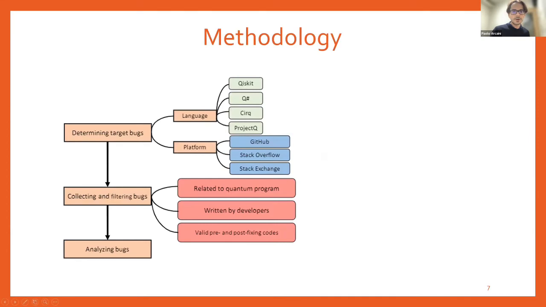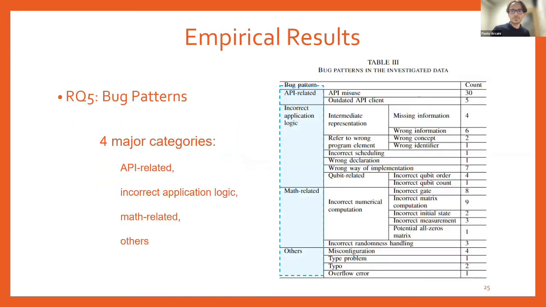So for the bug patterns, I can imagine that I can have similar patterns for normal code. So my question is whether the frequency of these patterns is specific to quantum, I mean, if quantum programs produce more bugs of one particular type than normal programs.